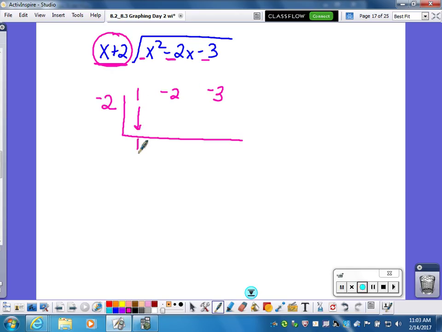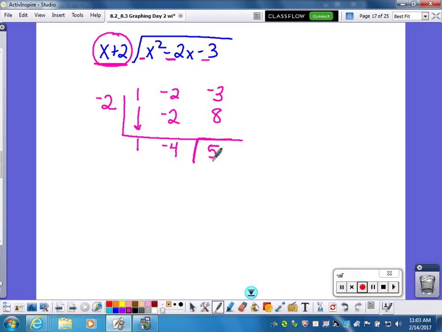So I'm going to drop the 1, I'm going to do my multiplication, 1 times negative 2. I'm then going to add these and I get negative 4. I'm then going to multiply and I get 8. Remember, this last number was always our remainder. Okay? It doesn't have to be 0 here because we're not saying x plus 2 is a factor or a solution of x squared minus 2x minus 3.